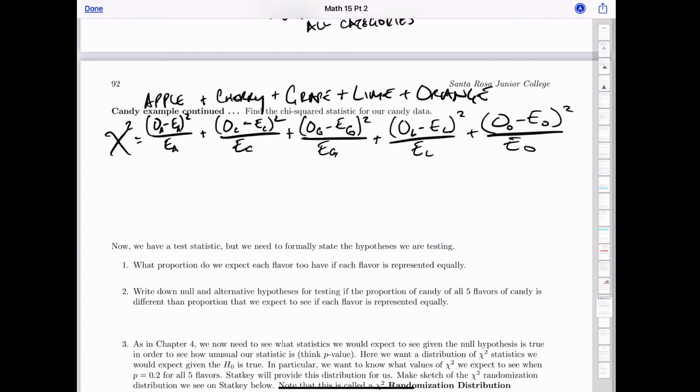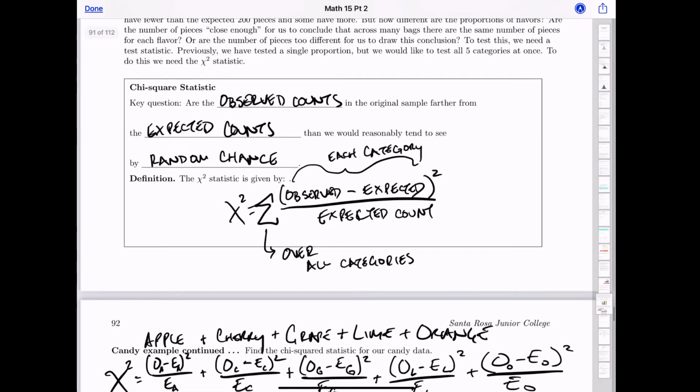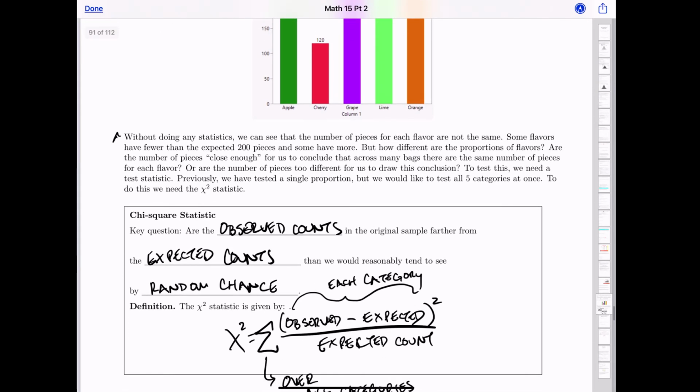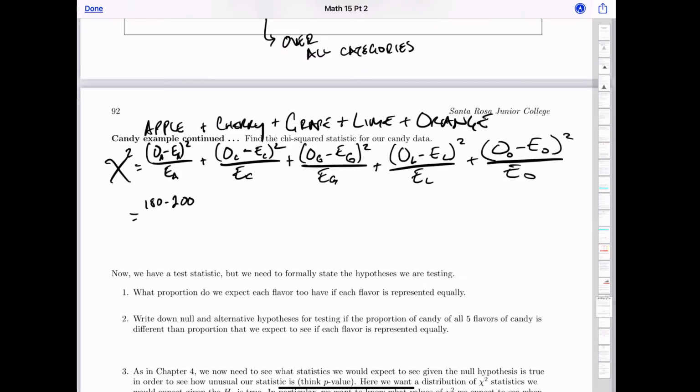All right, so here I'm going to set the first calculation up for apple, and then I'm going to let you try the rest. So the observed value for the apple flavor was 180. The expected for all of them is 200. Then we're going to square that difference and divide by the expected value, and that's the calculation for each.